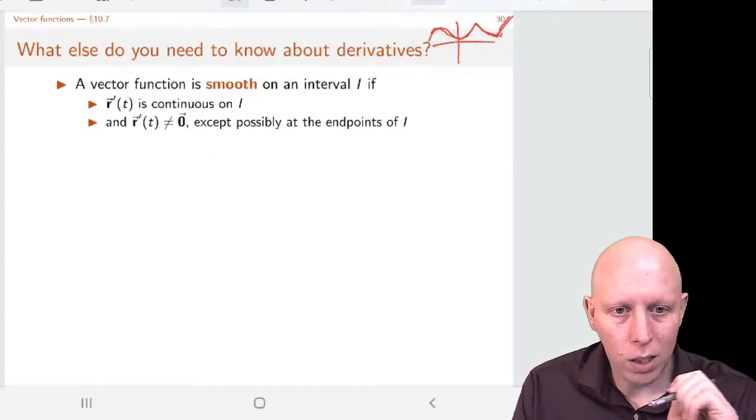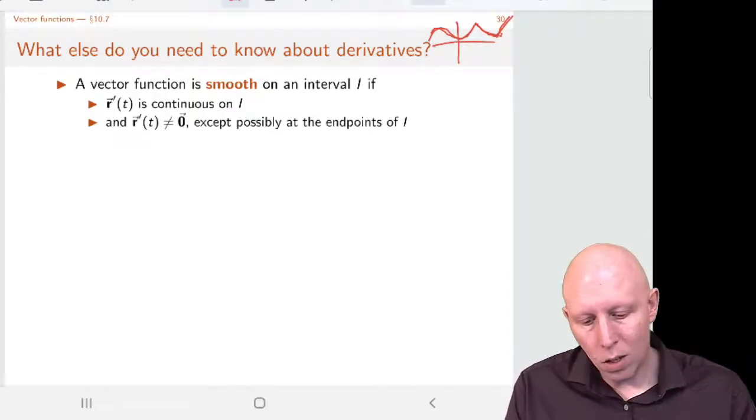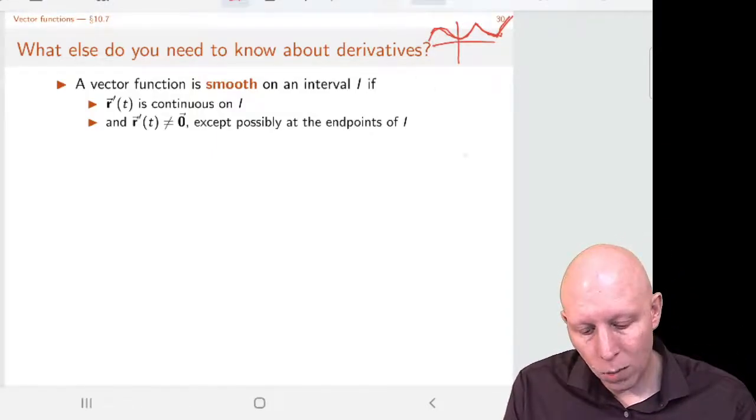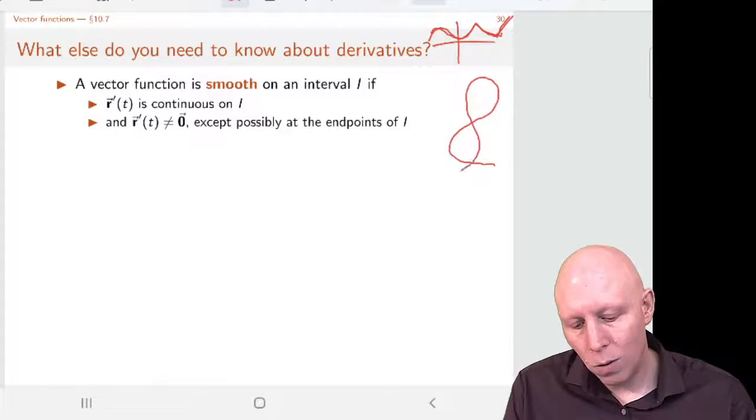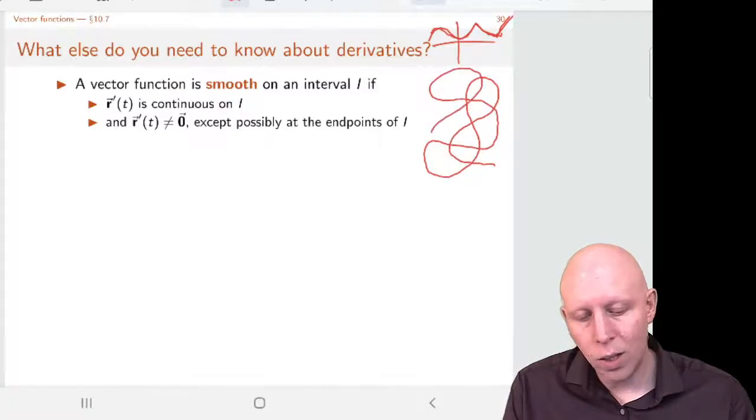We talked about continuous functions, but let's also talk about a function being smooth. When we're talking about a function being smooth, now it's not just that it is able to be drawn without picking up your pencil.